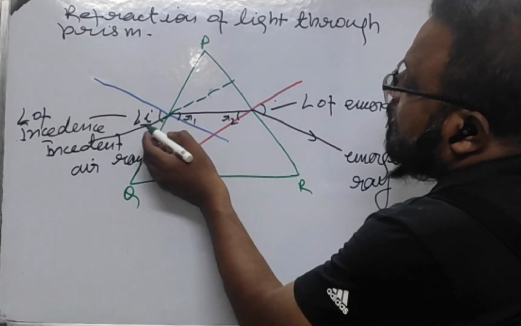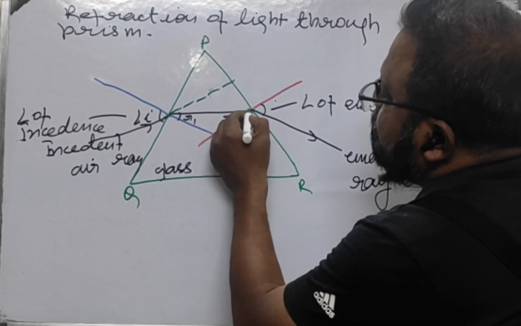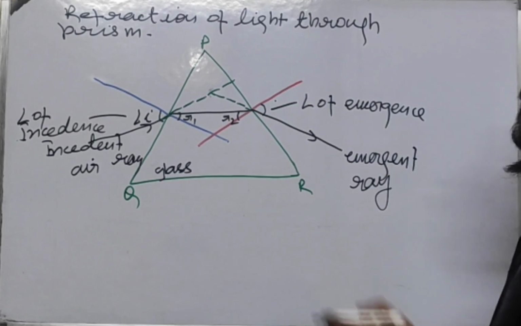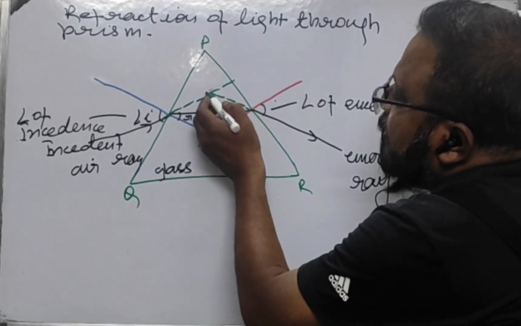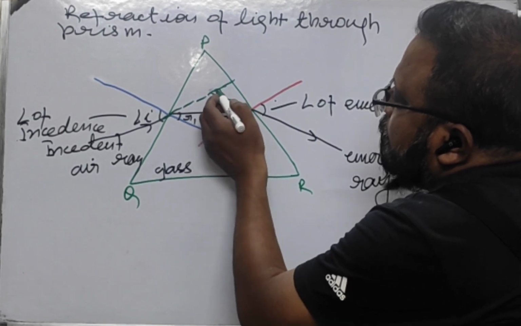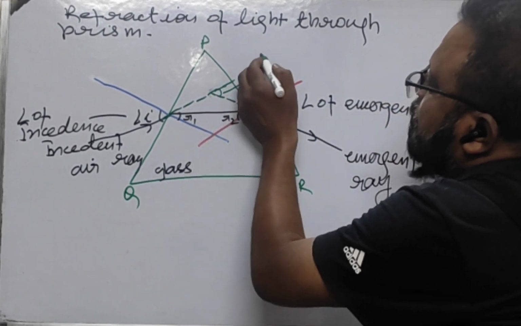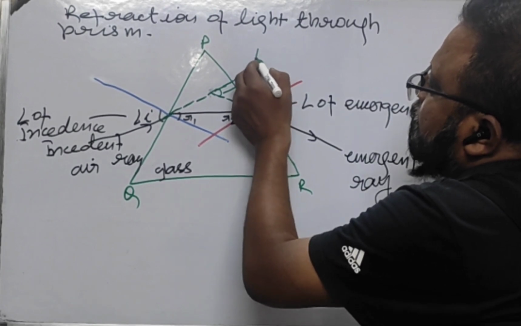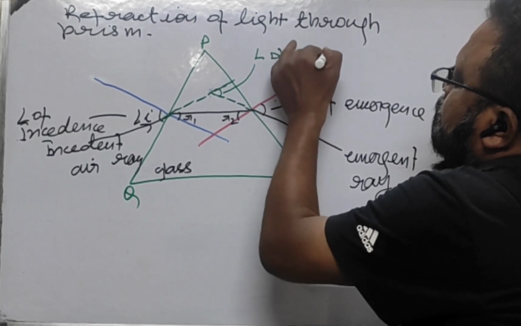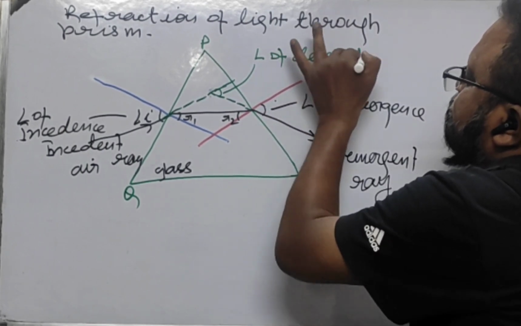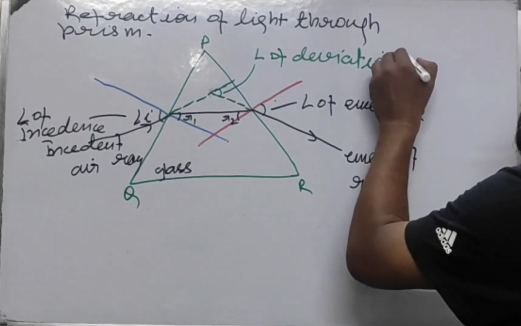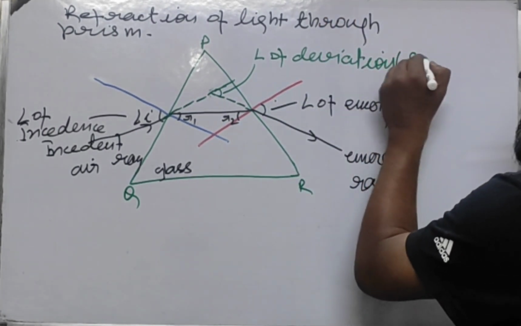So what happens when we extend this ray also behind? We extended it upward, and behind we extend it like this, right? So this angle is formed. This angle is called the angle of deviation, which we call delta, sigma.